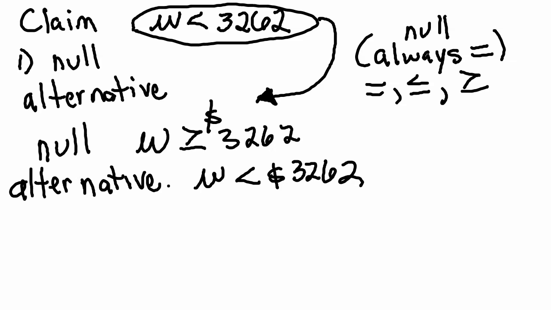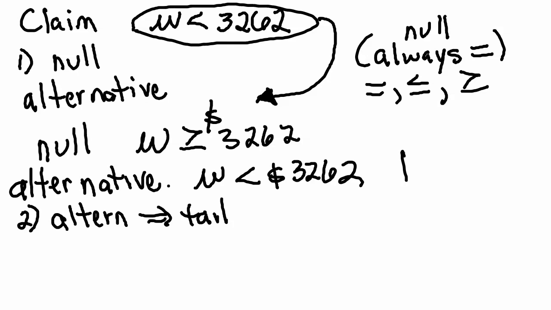Okay, second step is the alternative hypothesis tells you the tail, what tail it is. That's really important because you're always going to draw a picture. So since this is less than, this is left tail.